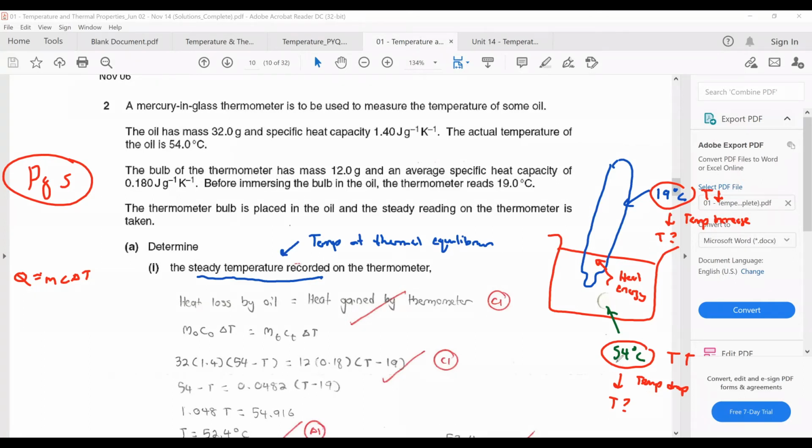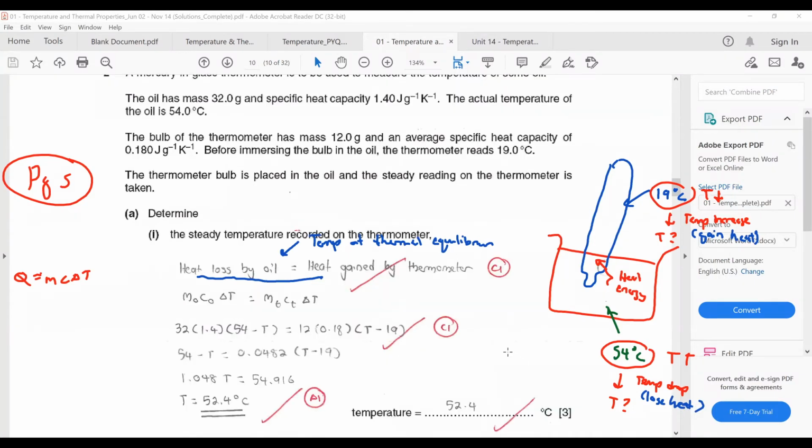This one being the smaller, it's 54 minus T. The thermometer has a temperature increase because it gains heat, and the oil has a temperature drop because it loses heat. So solve it as you would any normal maths question and you get your answer as 52.4 degrees centigrade.